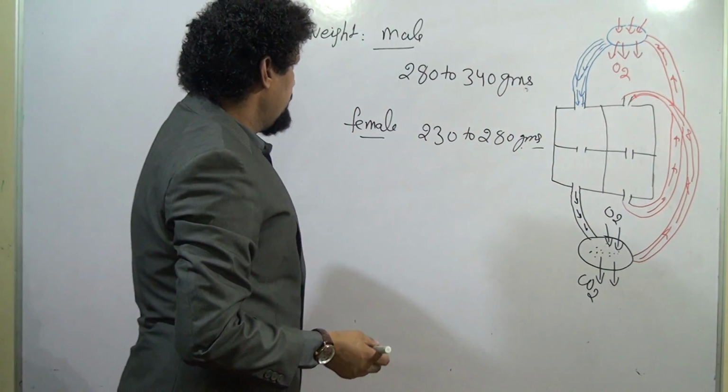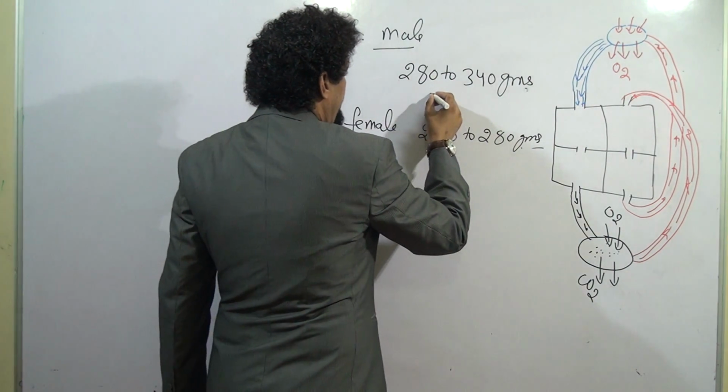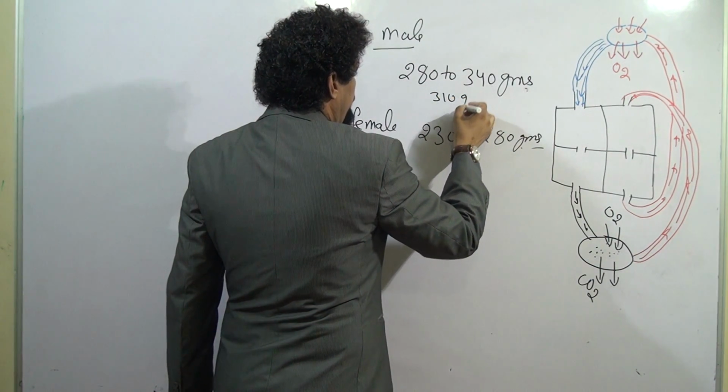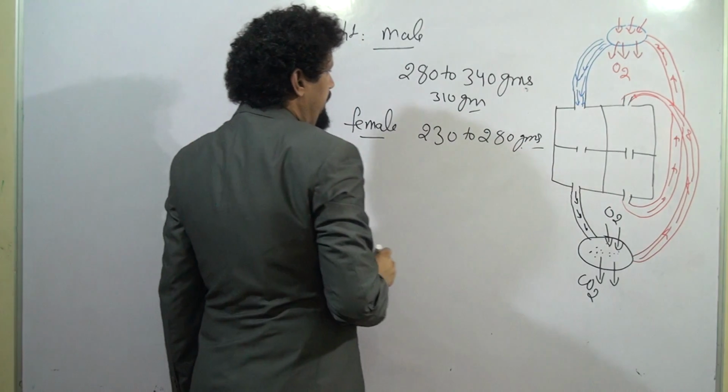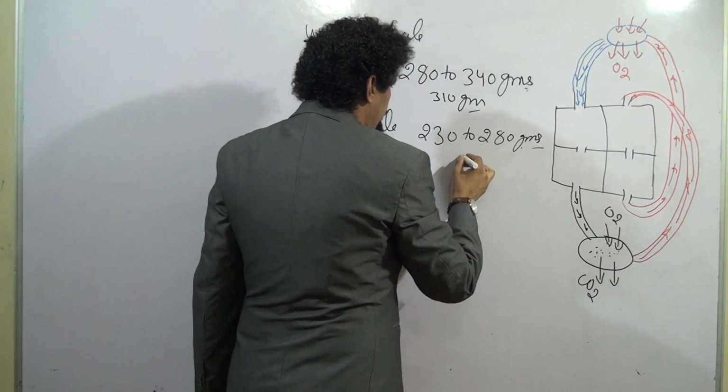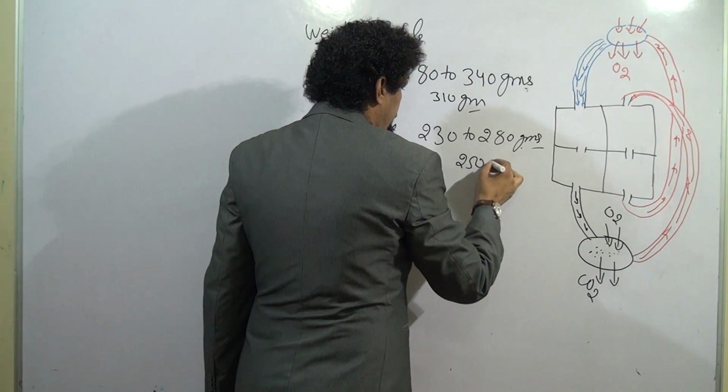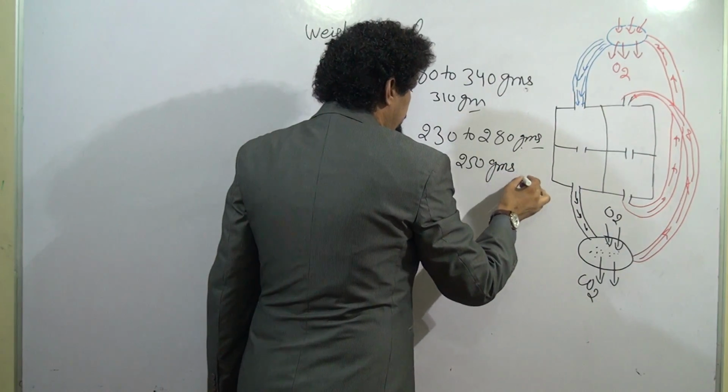The average weight in males is 310 grams. In case of female, it is 250 grams.